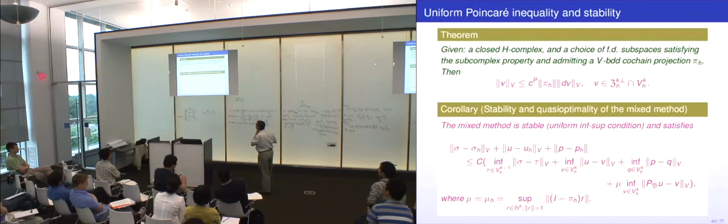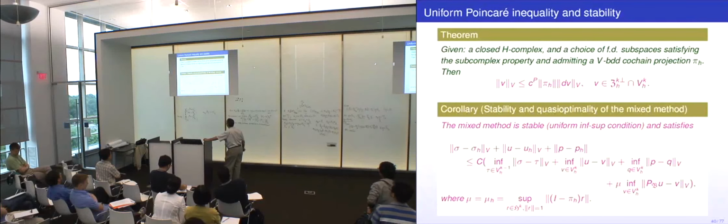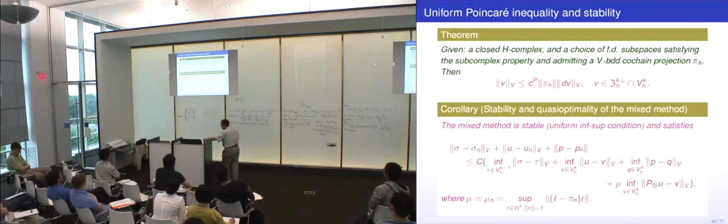Well, we get the Poincare inequality, which is uniform in H, in the sense that the discrete Poincare constant is the product of the true Poincare constant and the norm of the pi_h operator as a bounded linear operator from V to V. So this is the discrete Poincare inequality, and the constant I've written explicitly, and it's not the same as the original Poincare constant at the continuous level, but it's that times the pi_h operator norm. And I want to go through this proof also because it really does show how all the assumptions come in.